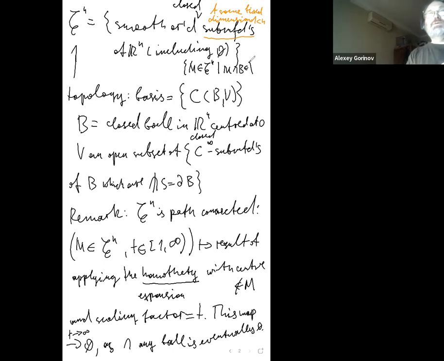M intersected B belongs to V. So if we have fixed B and V, it makes sense to consider all submanifolds of Rn such that the intersection with B is in V, and then we declare this subset to be CBV.